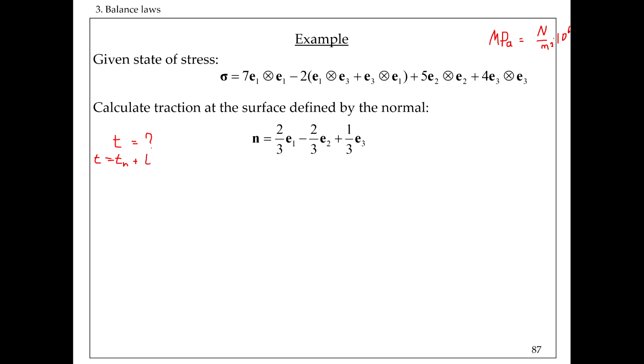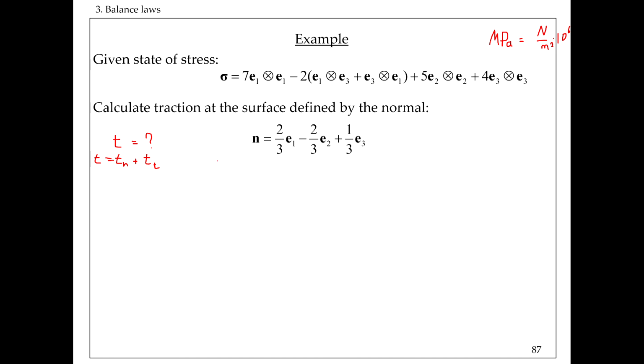Let's call it TT. The normal ones are normal to the surface defined by n, and the tangent ones lie within that surface. So the question is what is the traction, and what are its normal and tangent components.